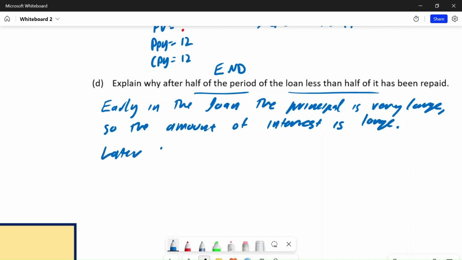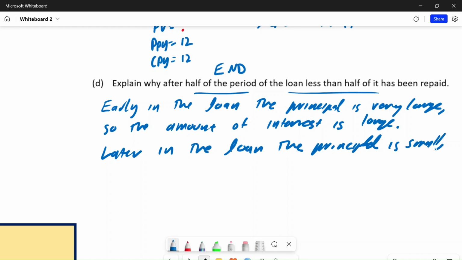Later in the loan, the principal is small, so the amount of interest is small. That'll do.